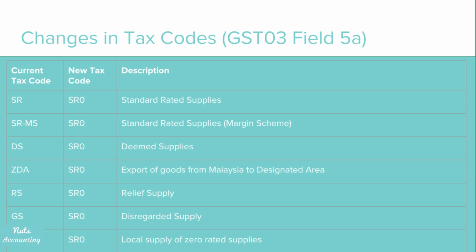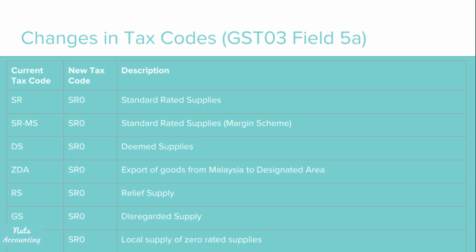What happens after 1st of June? Your current tax code, SR, and the other 7 tax codes currently in use will be changed to a new tax code called SR0.